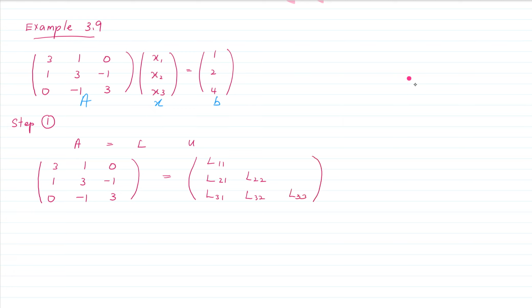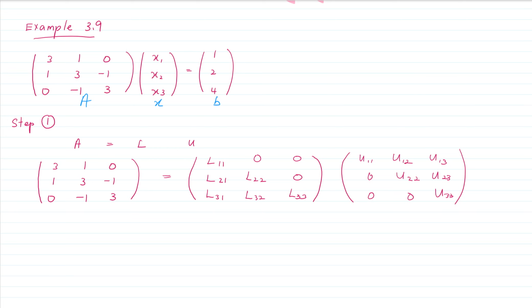The rest is 0. And U: we have U11, U12, U13, U22, U23, U33. The rest is 0.